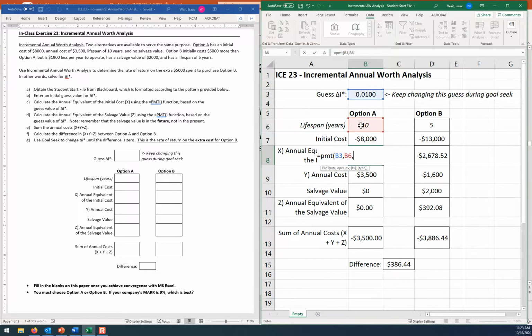Now the remaining options is either the amount we're going to put in will be known as a present value or a future value, or you can put in both. If you put in both, this payment function is essentially performing the capital recovery calculations where you have a cost and a salvage value, and so you can have both a present value and a future value, but here we just are annualizing the initial cost.